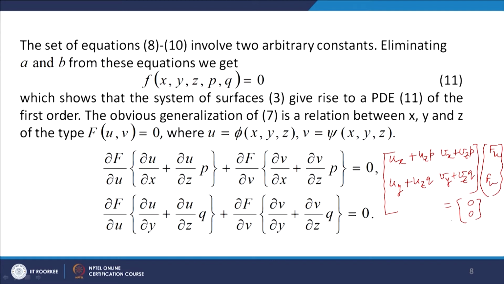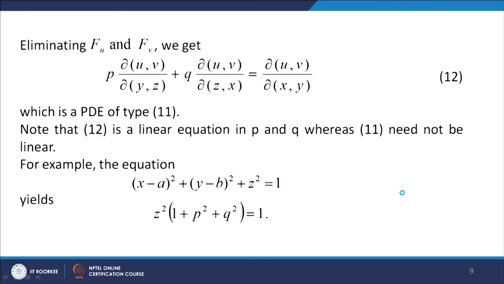So we can write these two equations as a matrix equation, and this equation will have a non-trivial solution provided the determinant of the coefficient matrix is 0. So, we have the determinant of this coefficient matrix equal to 0.